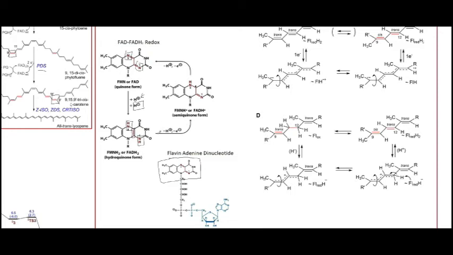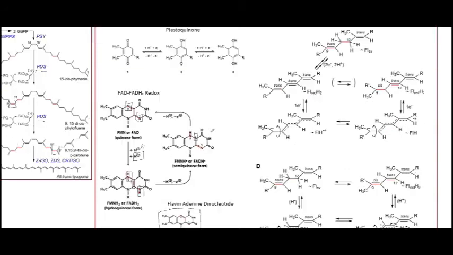Then when we remove one of the electrons, we end up with this radical here, but we will quickly pass that electron to the plastoquinone along with a hydrogen and get back to our oxidized form of the flavin adenine dinucleotide.